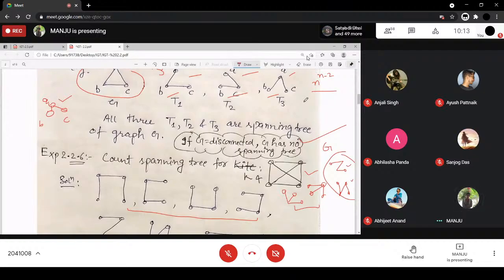Let's try to list all the spanning trees.